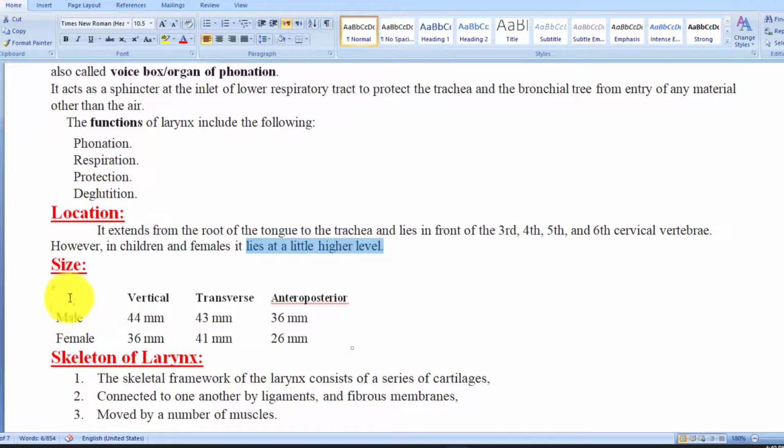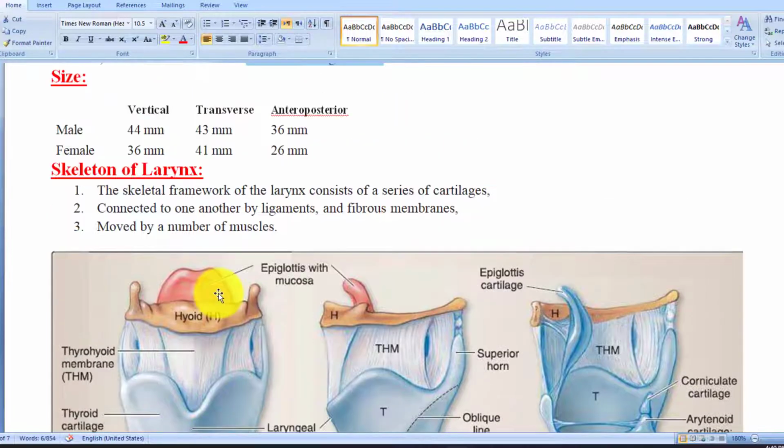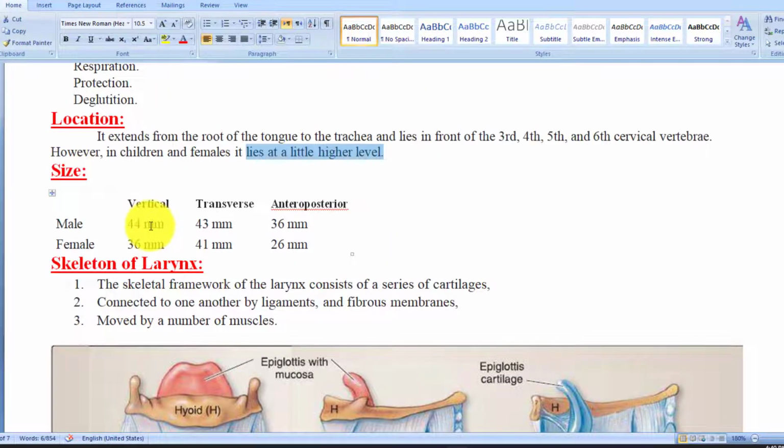What is the size? My dear friends, the larynx is a tube-like structure, so it has a vertical length, a transverse dimension, and an anteroposterior dimension.